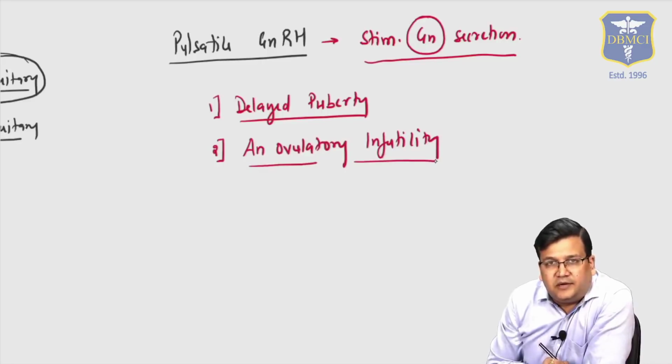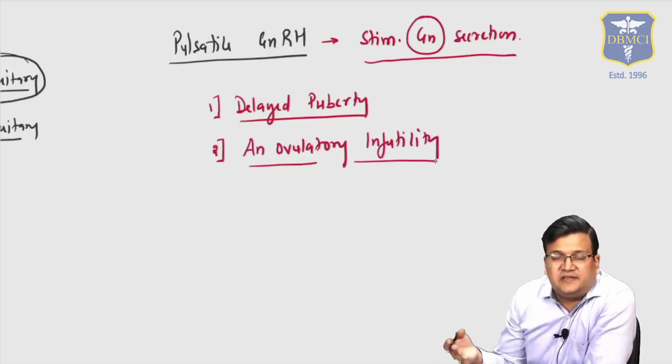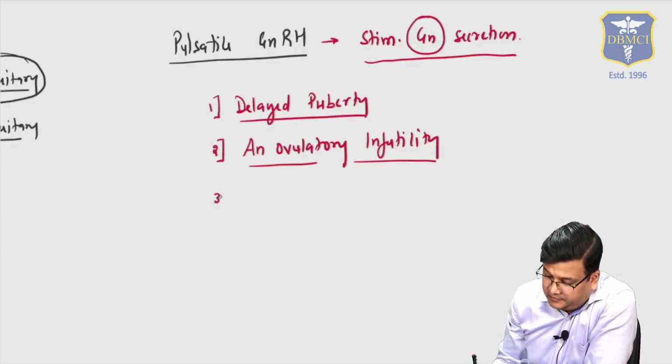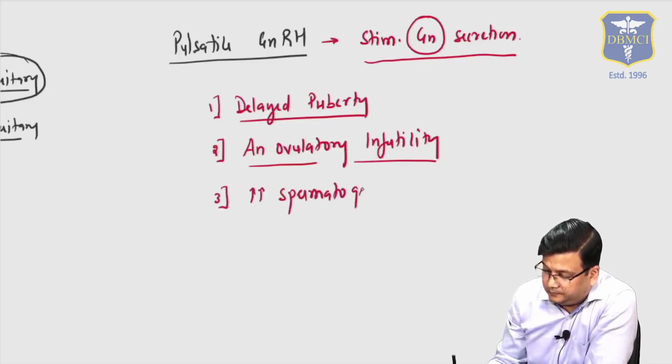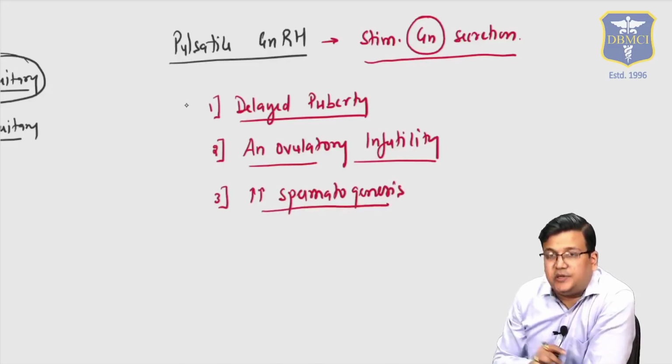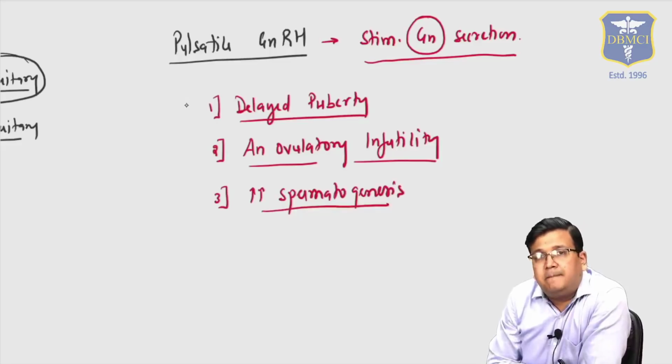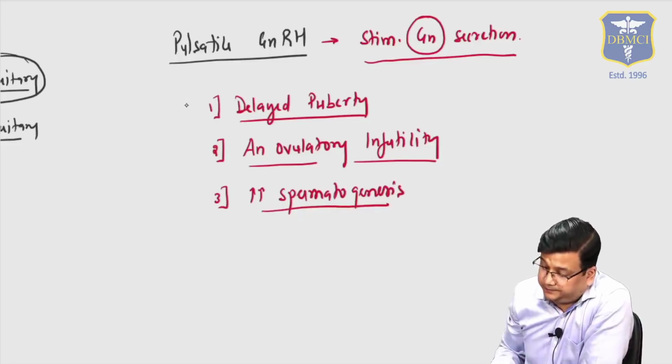FSH and LH will stimulate the ovary to cause ovulation, and we can treat. And third, they can increase testicular stimulation that can result in spermatogenesis also. So these three situations can be treated by giving pulsatile GnRH.